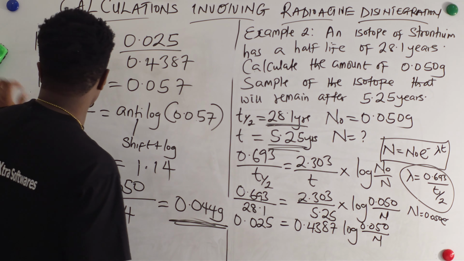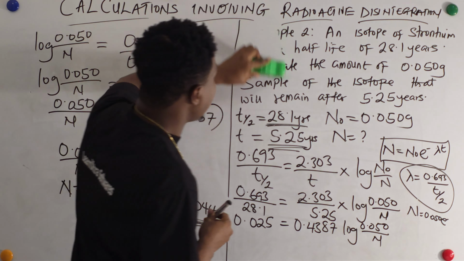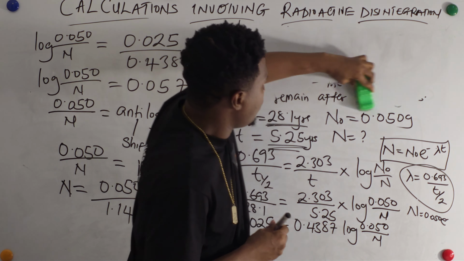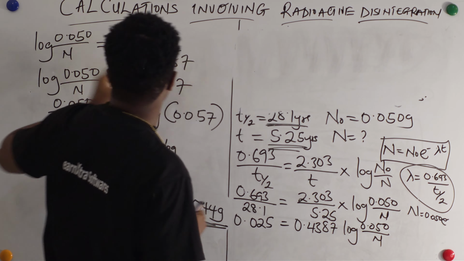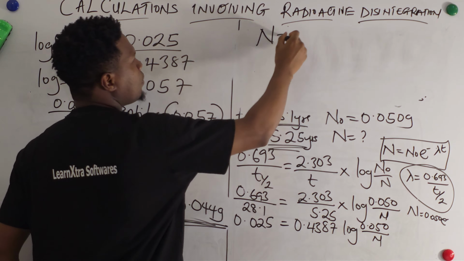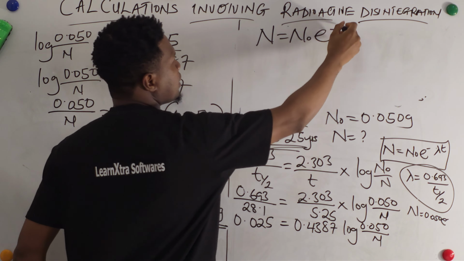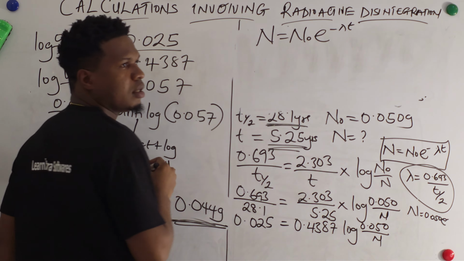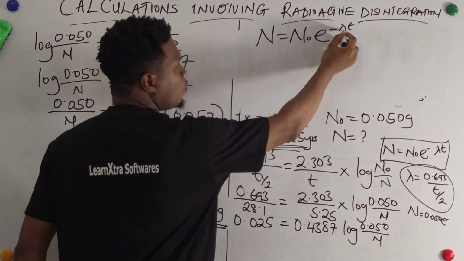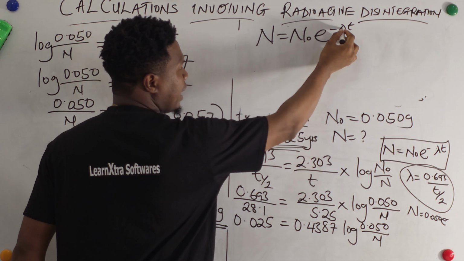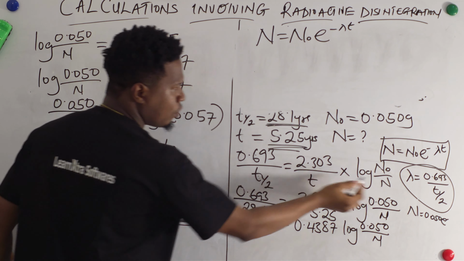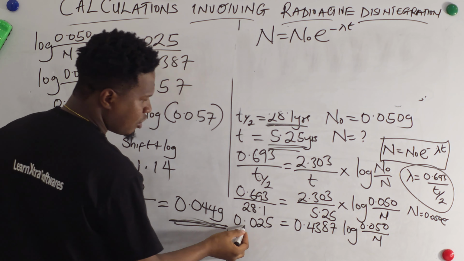Let me show you what I mean. We can solve using N is equal to N naught exponential minus kt. Our decay constant is 0.693 over 28.1, which is 0.025.